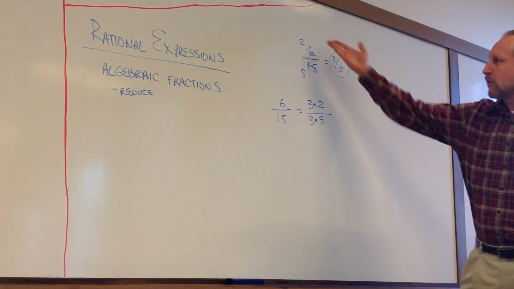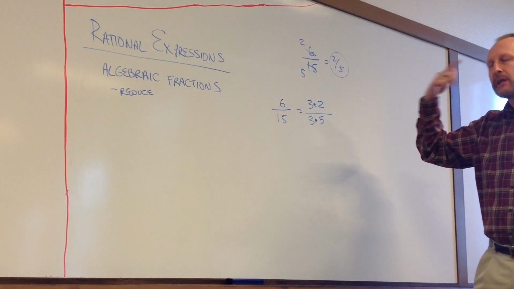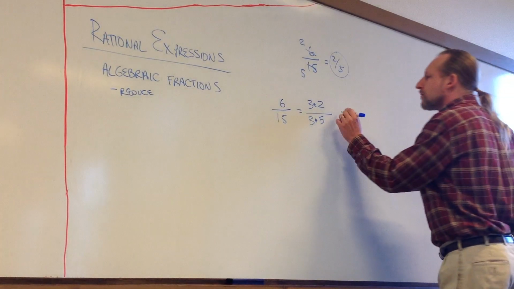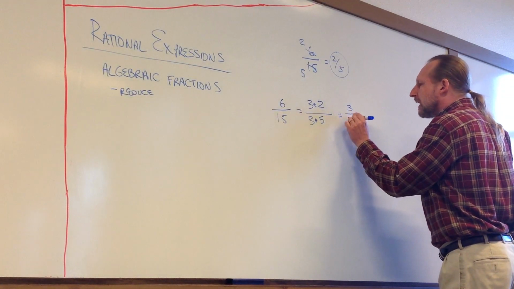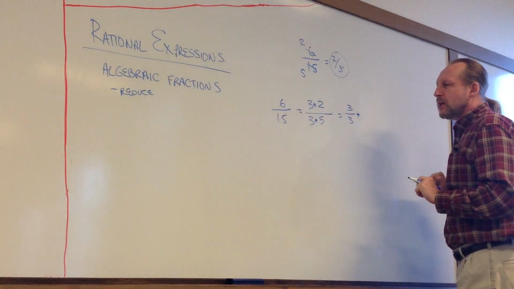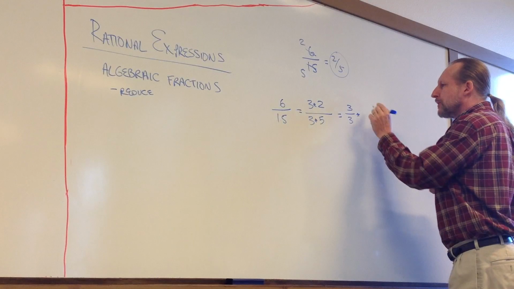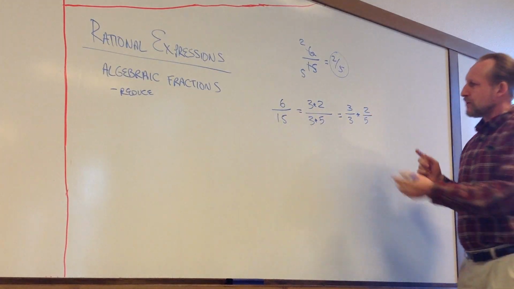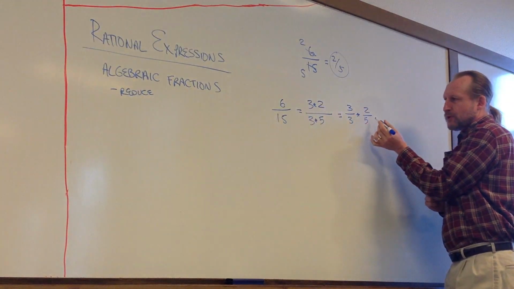Okay, that's pretty straightforward. We recognized that when we were thinking about what we wanted to divide both of these numbers by. Now, once we recognize that, we can break this fraction up into 3 over 3 times 2 over 5.